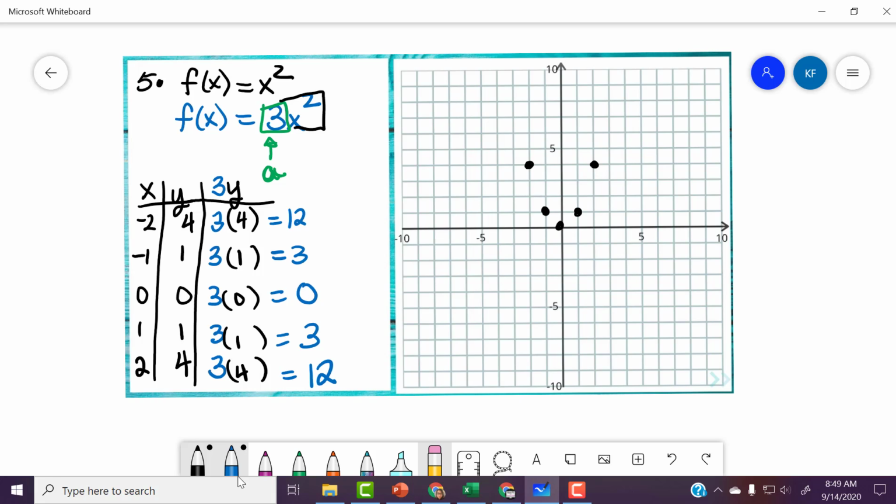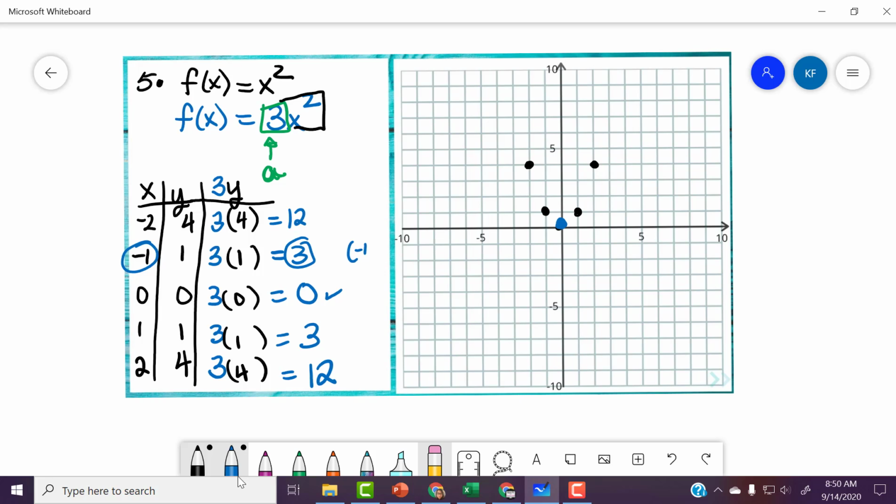Okay, I have my parent graph, which is in black, and now I'm going to start graphing the new vertical stretch, and I'll write that word up at the top so you understand what the transformation is. So I'm going to just start at 0, 0 so I get a little orientation. So that point is exactly in the same place. So now I have -1, 3.